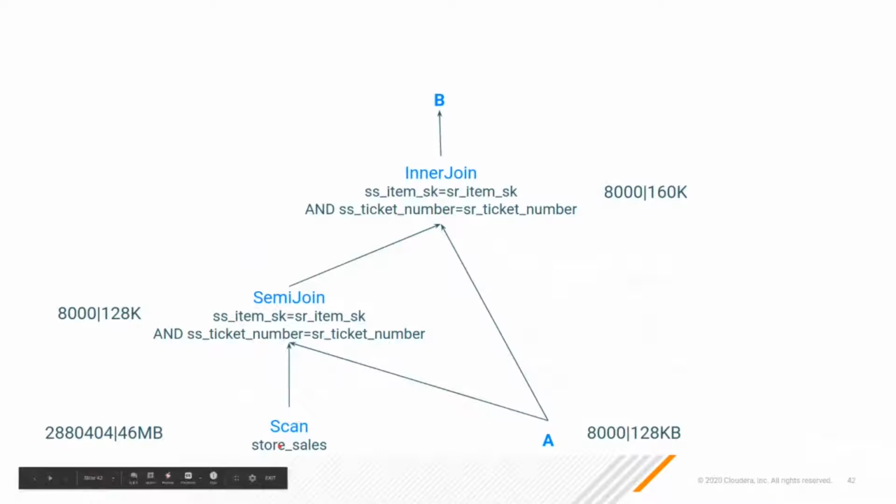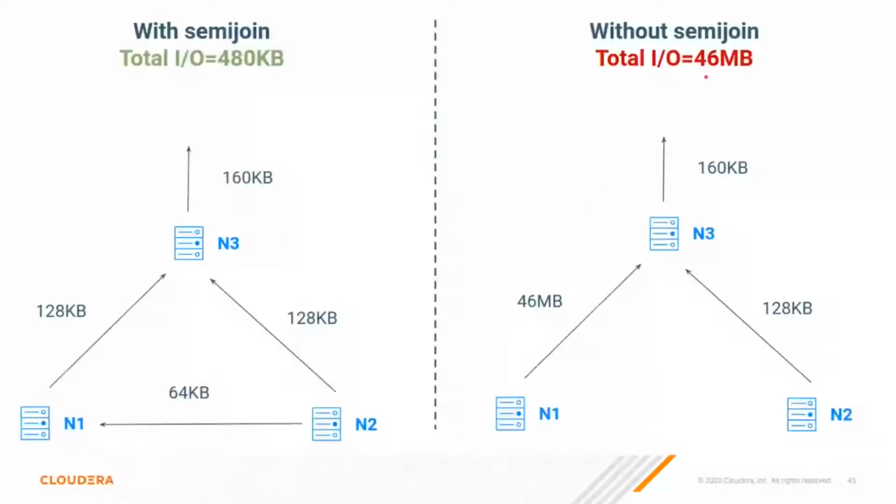Putting things side by side, in terms of total network traffic, with the semi-join we have around 400 kilobytes, and without the semi-join we are at 46 megabytes. So the difference in I/O is 2 orders of magnitude. And although we talked about I/O, the same goes for CPU and memory.